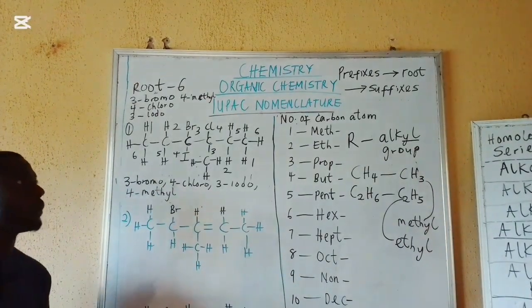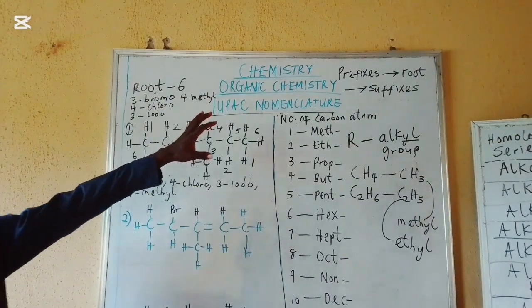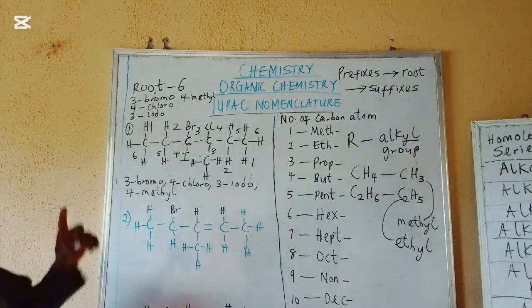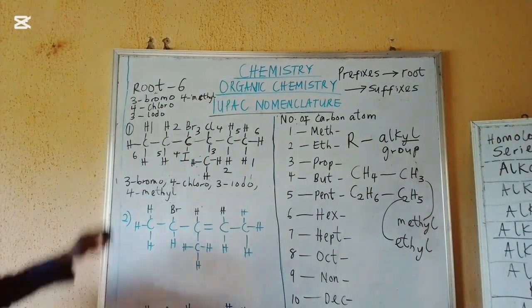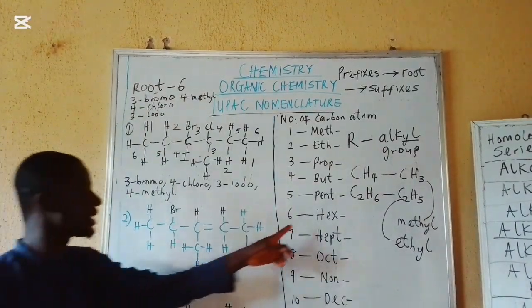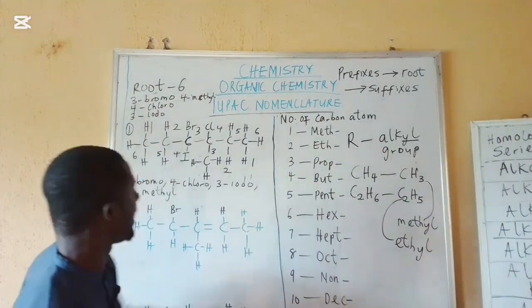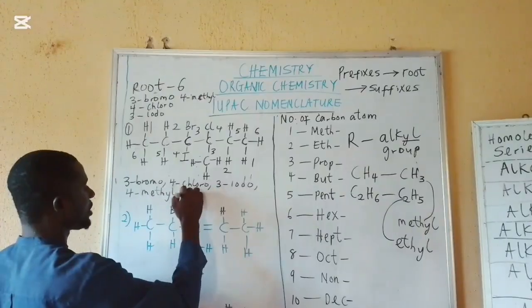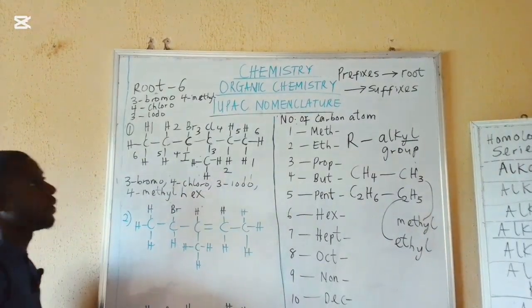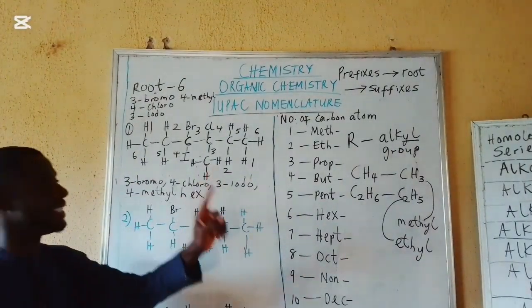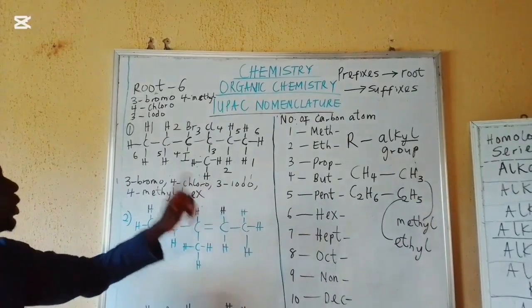So we are finished arranging our prefixes. The next thing is our root according to our pattern of naming, and our root is 6. What is our root for 6? That is hex. Now, our suffix comes from the ending of the name of our homologous series.